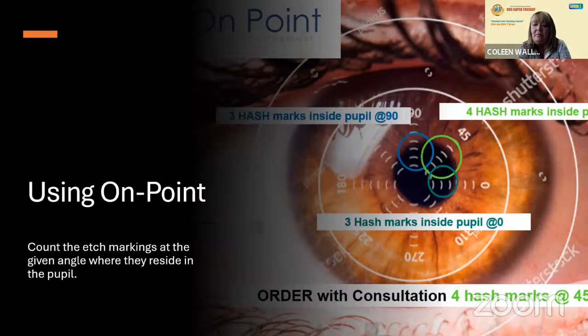So in this example here, at 45 degrees, that's the area that the most hash marks are in the pupil area. So we would want to know that information so we can decenter the optics correctly. And your patient will be looking through not the center of the lens, but where we decenter the optics, and they'll have good, crisp, clear vision for their multifocal and for distance.